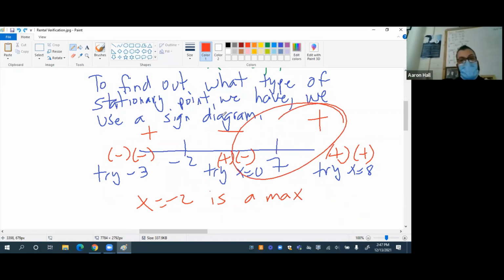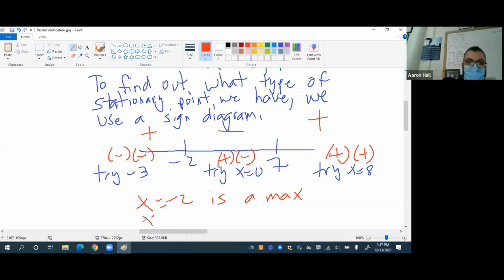We have a negative slope, followed by a positive slope. That means we have a minimum point right there. So x equals 7 is a min.